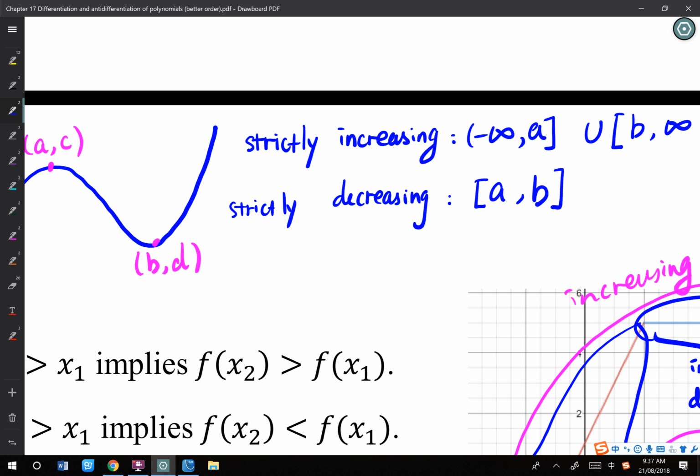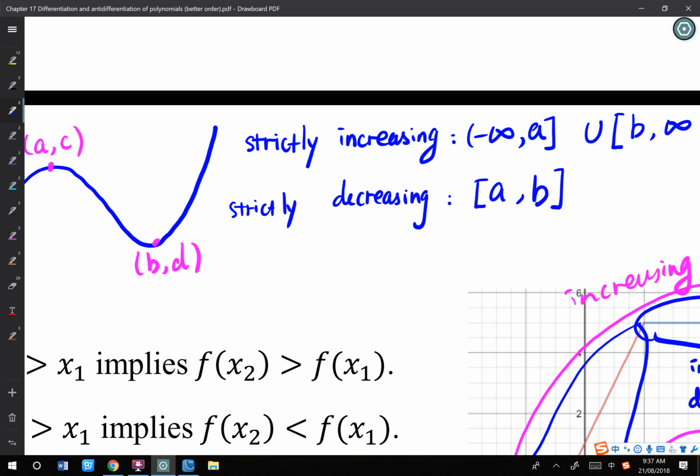Okay, so why am I explaining what is increasing? Because I don't want you to have the feeling increasing and strictly increasing is one includes the turning point, one excludes the turning point. Turning point needs to be included in any of that. Okay, increasing or strictly increasing, you need to include turning point anyway. So if you don't include a turning point, that's wrong.